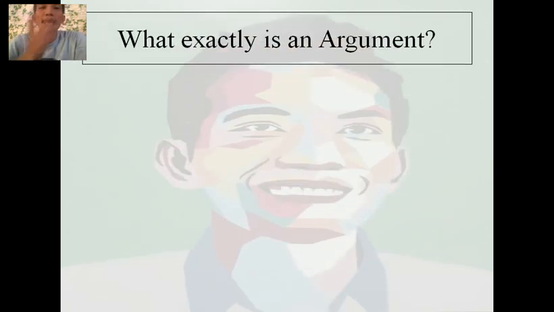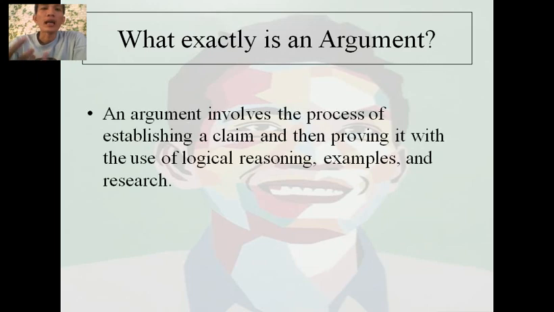And what exactly is an argument? An argument involves the process of establishing a claim and then proving it with the use of logical reasoning, example, and research. So when you want to argue something, the topic or your reasons must be logical, or you have to use logical reasoning.